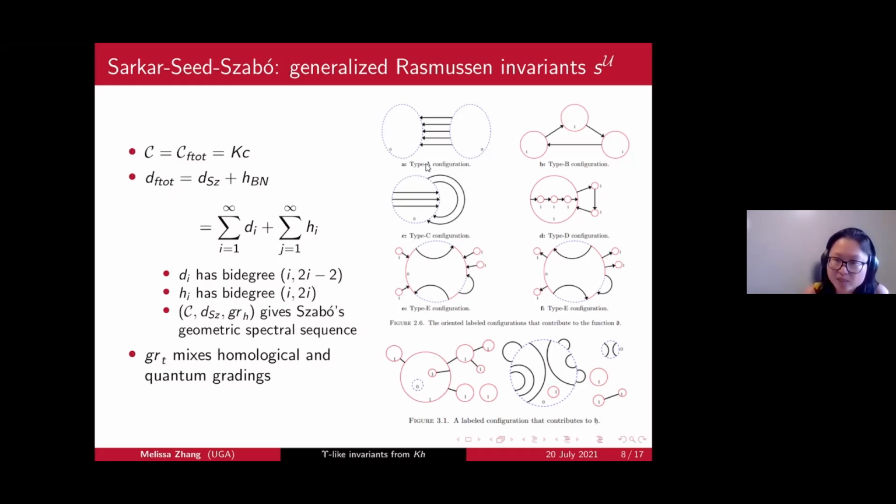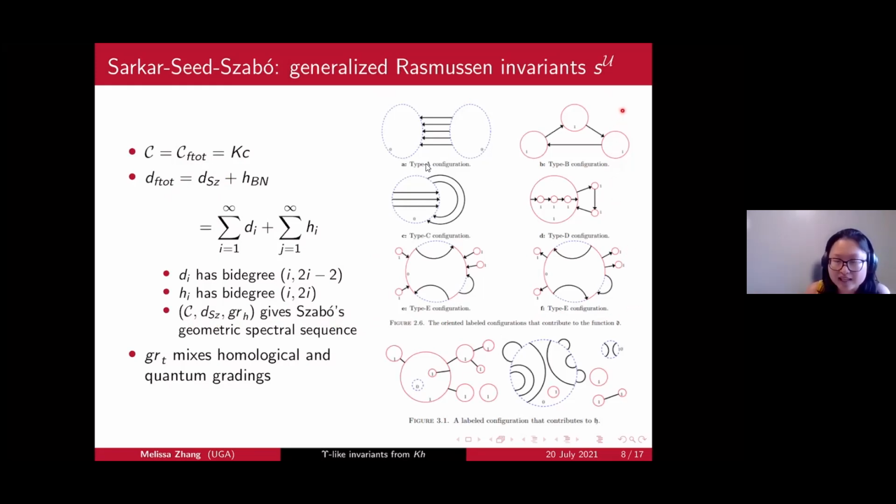That is a conglomeration of two existing things. D_SSz is actually Szabó's geometric spectral sequence, which is a combinatorial guess for the first spectral sequence that we knew about from Khovanov homology to Heegaard Floer homology. And this is basically this top section here.